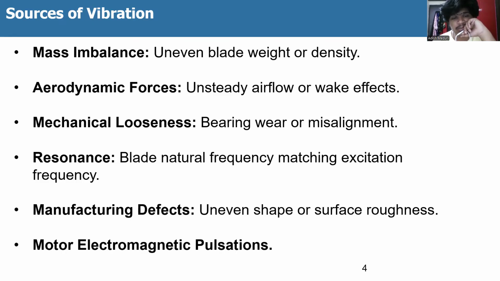Resonance means blade natural frequency matching excitation frequency. Then manufacturing defects, uneven shape or surface roughness. And then motor electromagnetic pulsations. These are the main sources of vibrations.